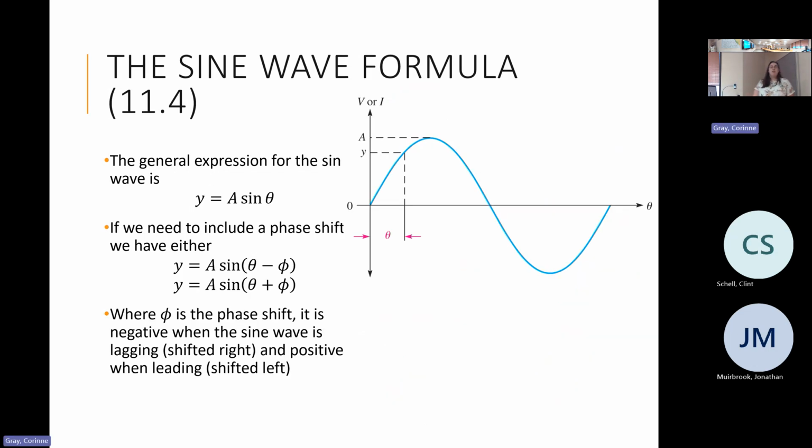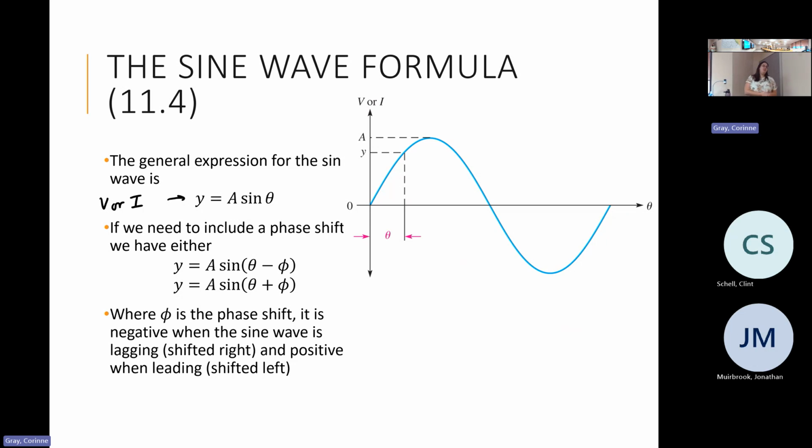All right, if I have purely a sine wave, here we are assuming our x-axis is our angle in degrees or radians and our y-axis is voltage or current. I would have y equal to a sine phi, where y is voltage or current, depending on the type of source we have.